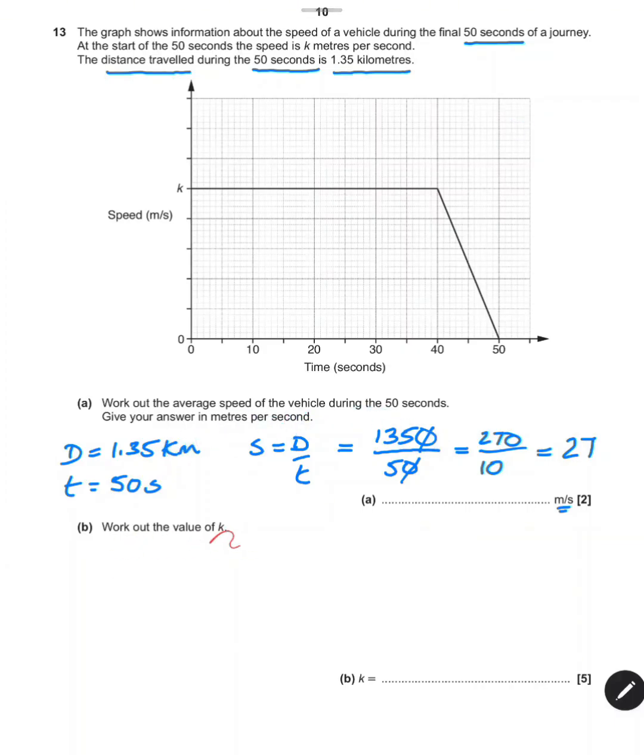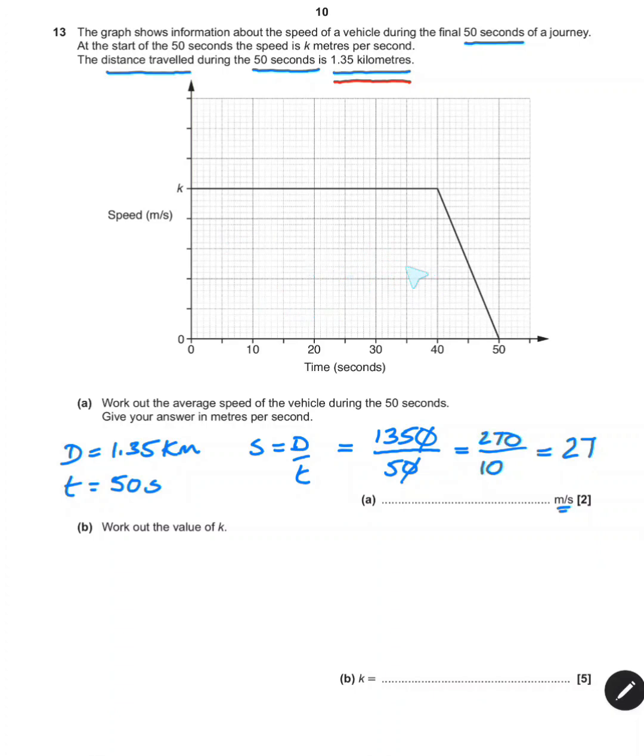Part B says work out the value of k. So what we've got is a speed time graph, but we don't know this starting speed. But we do know that the distance covered on the entire journey is 1.35 kilometres.